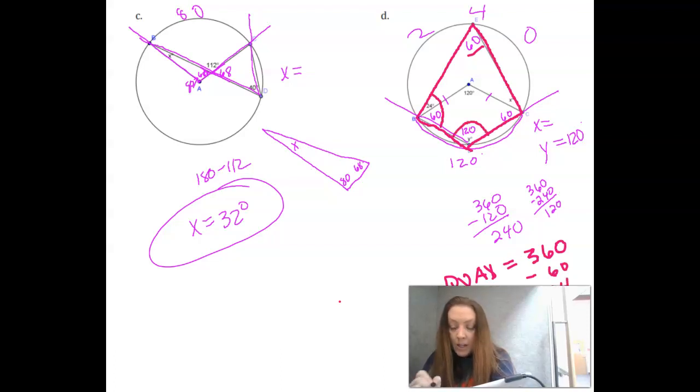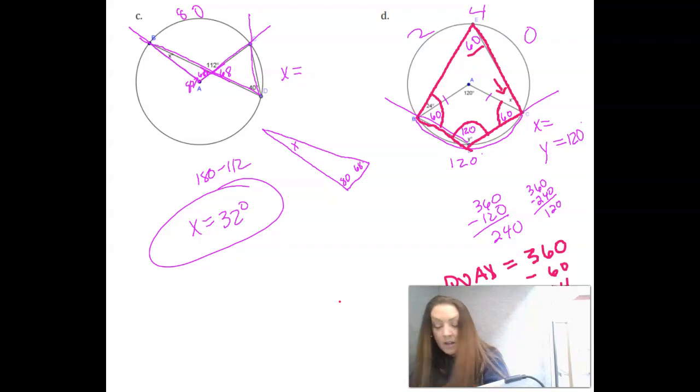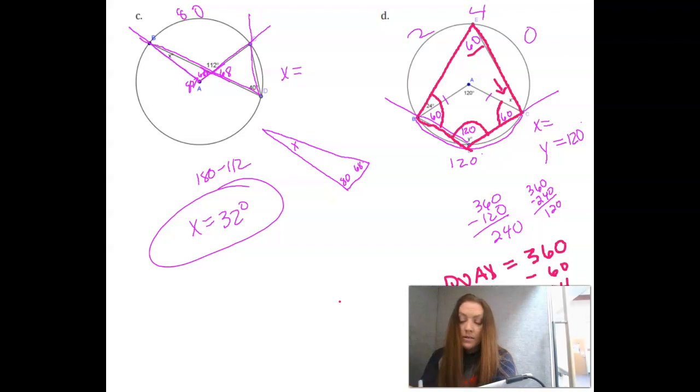This bottom angle is 120. And this bottom angle, part of it is 60. So if we subtract all of that, I'll get what's left. So 360 minus 60 minus 84 minus 120 minus 60. 36.